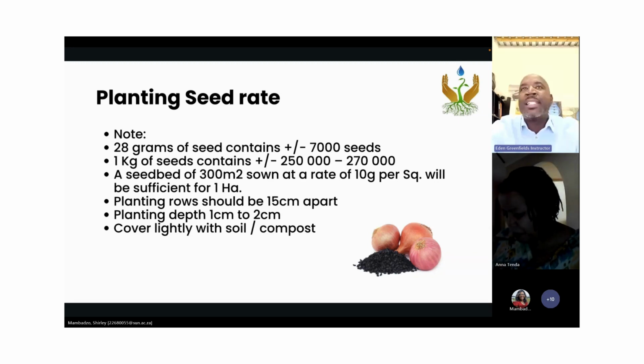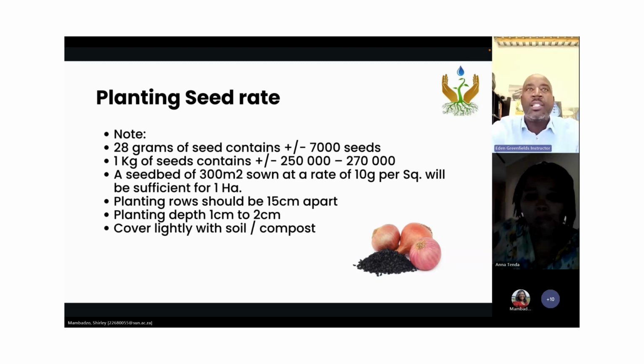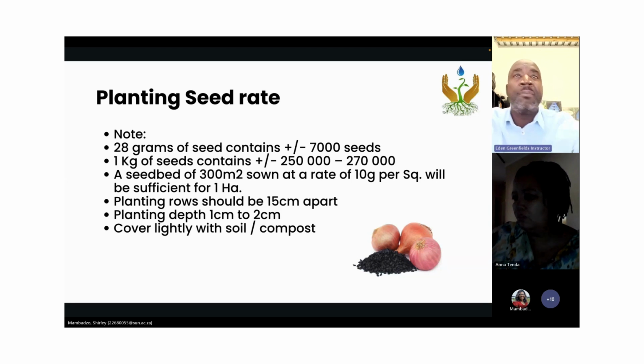We are looking at around 3 kgs of onion seeds in order to cover a hectare. Sometimes it can be even more, depending on how you plant. I've gone to farms where they are doing a hectare of onion, and that can be around 1 million plants that they plant in that space.